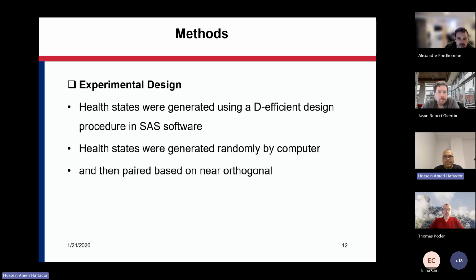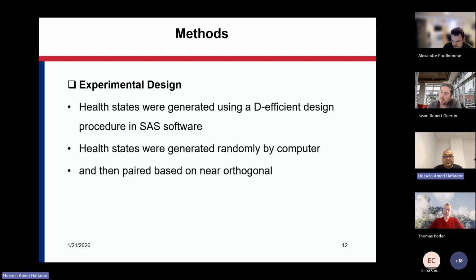Experimental design. In order to generate a value set for every multi-attribute utility instrument, we need to have health states based on the instrument. So we need to generate health states for SF6D.